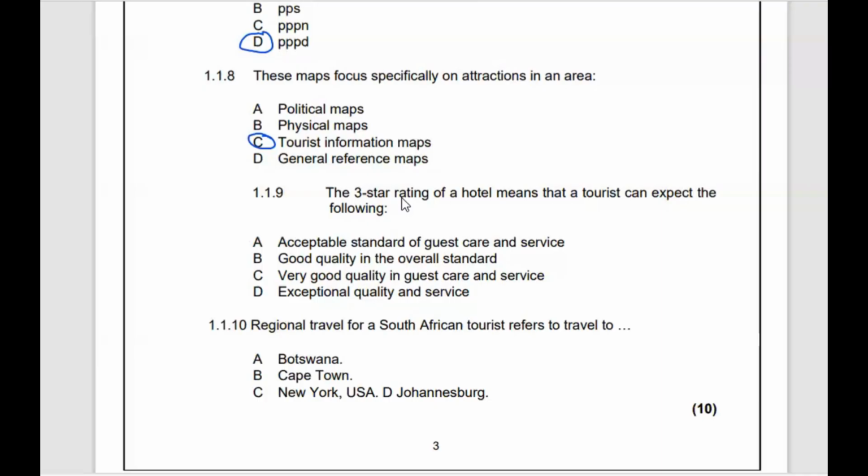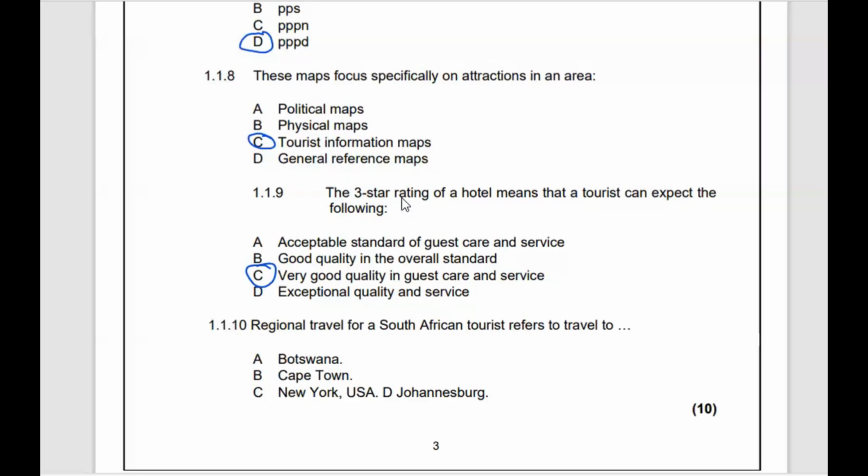Perhaps that can be a 1-star hotel. Then good quality in the overall standards can apply to another category. So the answer which we are looking at will be very good quality in service. So our correct answer will be C in that scenario.